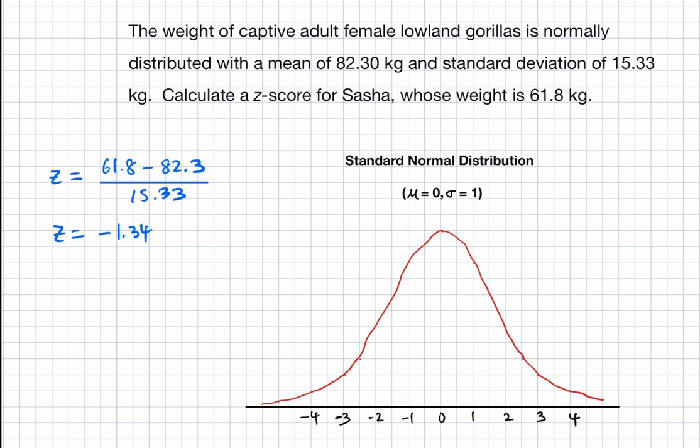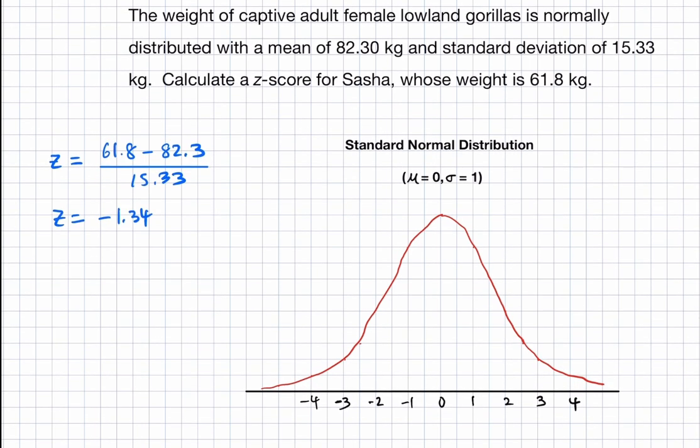Okay, so now when you have a z-score and we want to look at the percentage, we would use the standard normal distribution. And the standard normal distribution has an average of 0 and a standard deviation of 1. Okay, so this is our standard normal distribution. And if we wanted to know where negative 1.34 falls, that lands us right about here. So it's about negative 1.34.